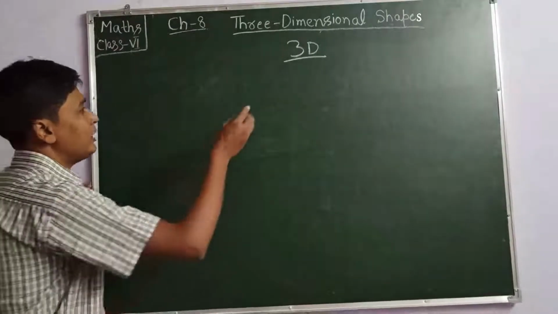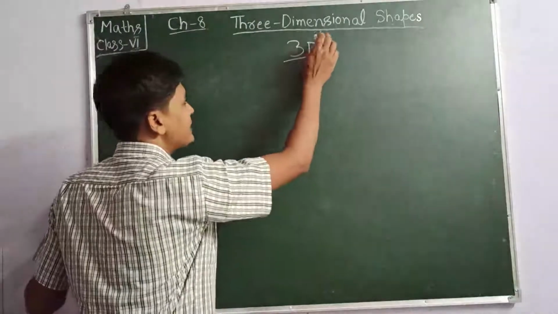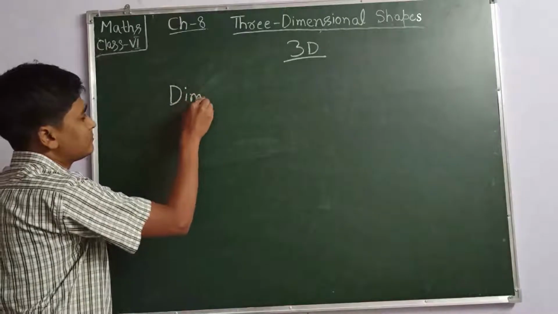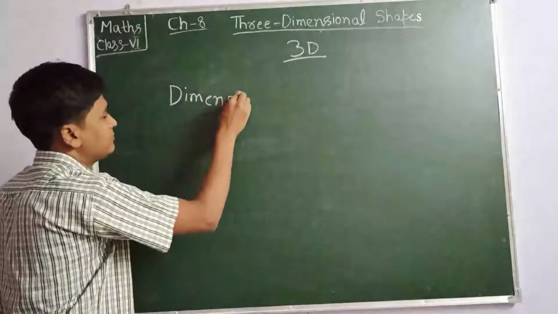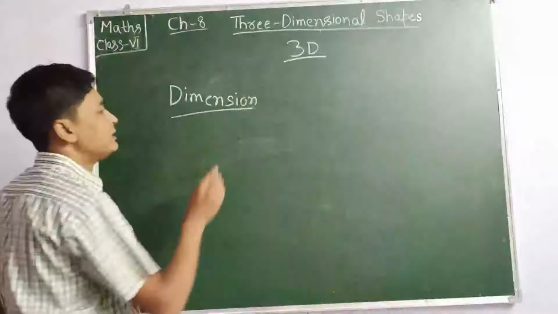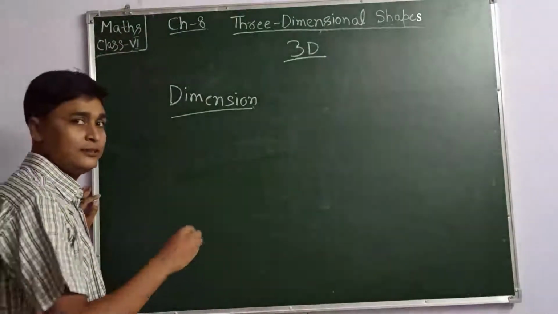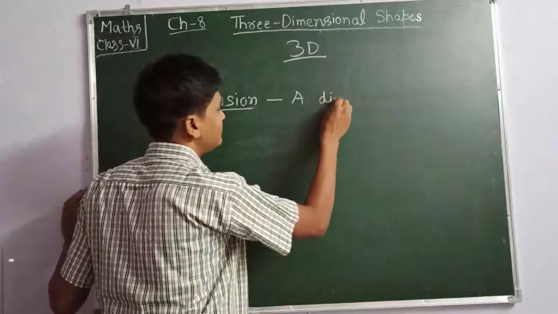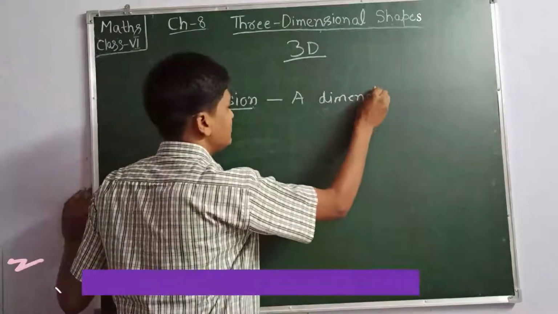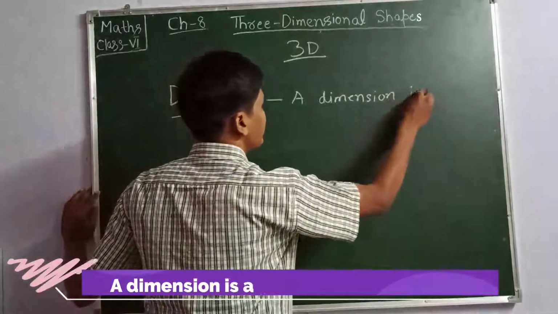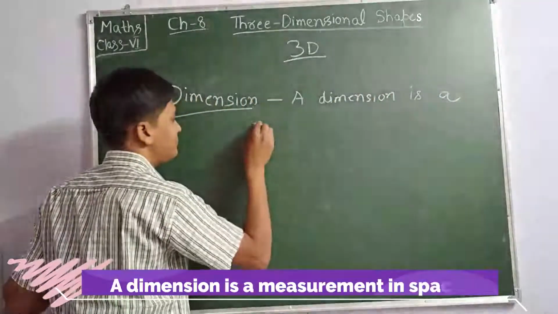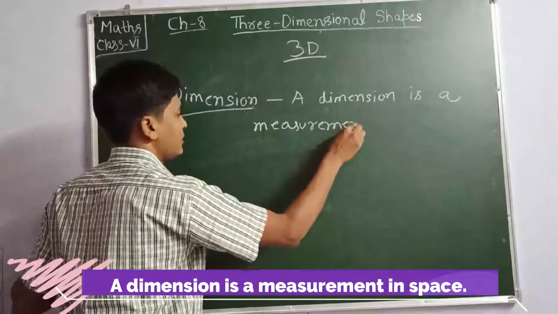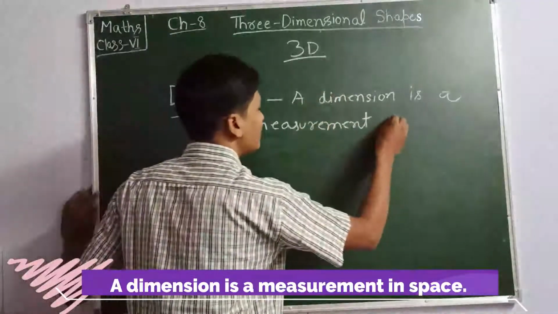First of all, you have to understand what a dimension is here. What does dimension mean? My simple question: what is a dimension? Can anyone tell? A dimension is a measurement in a space.